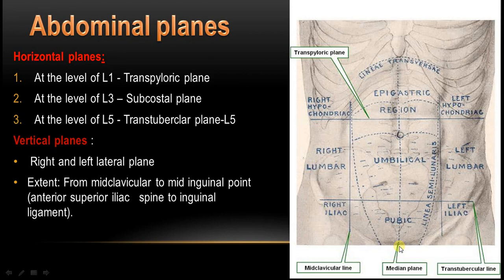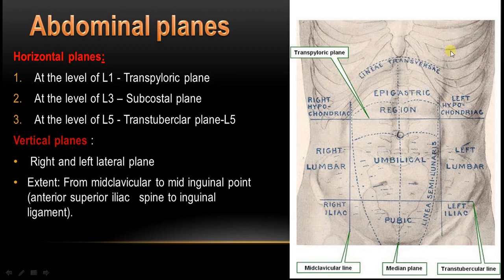I will repeat again: the midpoint between the anterior superior iliac spine and the pubic symphysis is the mid-inguinal point, which is different from the midpoint of the inguinal ligament. The mid-inguinal point is not the same as the midpoint of the inguinal ligament. I will tell about the midpoint of the inguinal ligament in a later session.